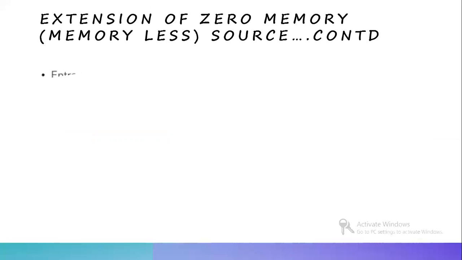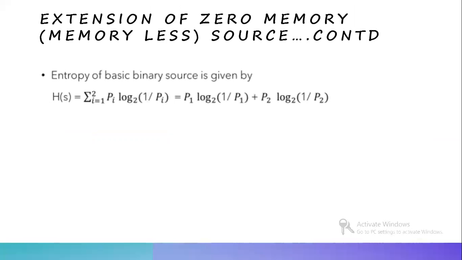The entropy of the basic binary source is given by H(S) equals summation i equals 1 to 2 of Pi log of 1 by Pi, where we are considering only two symbols, hence the summation limits are i equals 1 to 2. So P1 log of 1 by P1 to the base 2 plus P2 log of 1 by P2 to the base 2. This is the entropy of the basic binary source. Next, we need to see the entropy of the second extended source.